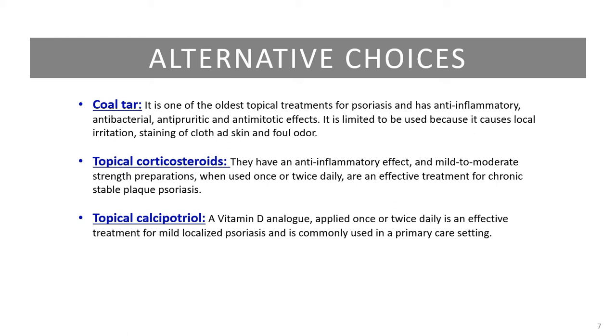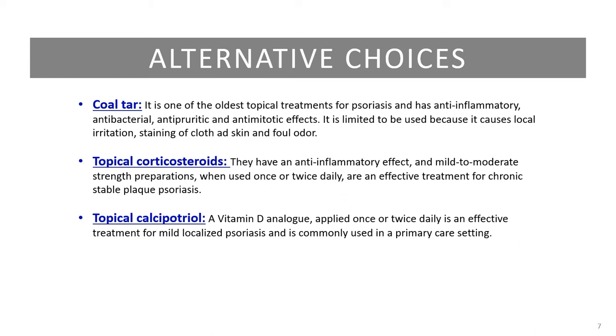And then there is topical corticosteroid. Generally when a patient comes with their psoriasis, the topical corticosteroids are the first line treatments we use and recommend, because of their quick onset of action. So the topical corticosteroids are more recommended than diathranol.